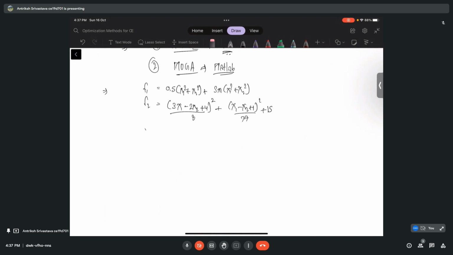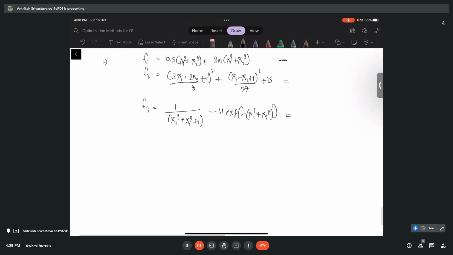And f3 is written as 1 by (x1 square plus x2 square plus 1) minus 1.1 exponential of minus (x1 square plus x2 square). So these are the three objective functions, and we are going to perform the optimization with no constraints.